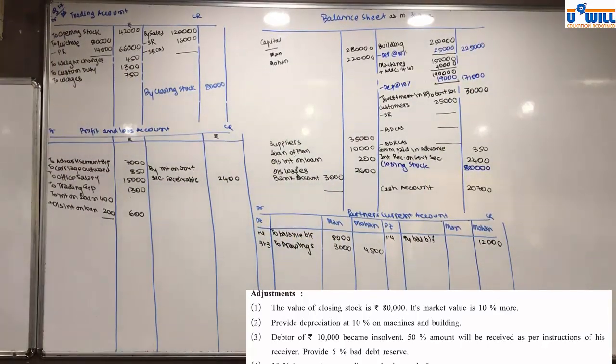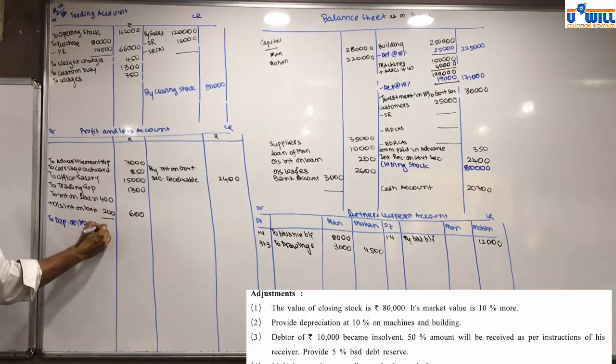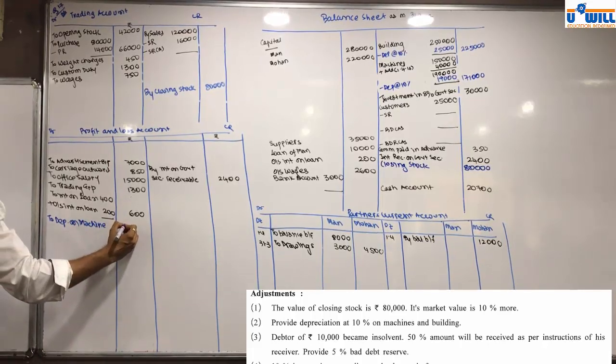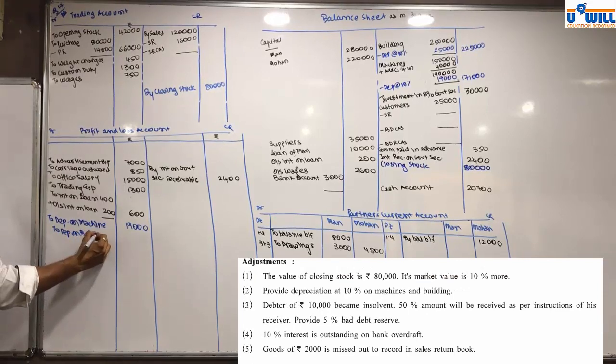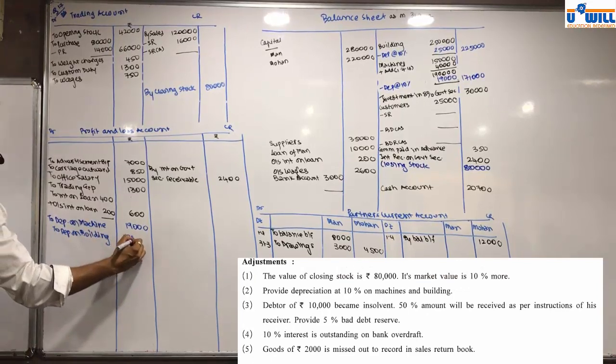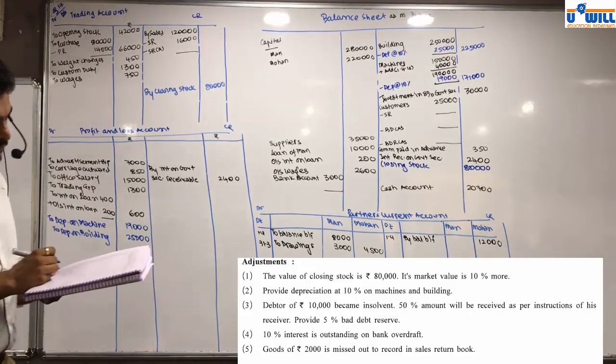Second effect: to depreciation on machine and to depreciation on building. Very important adjustment, mark karo adjustment number 3.